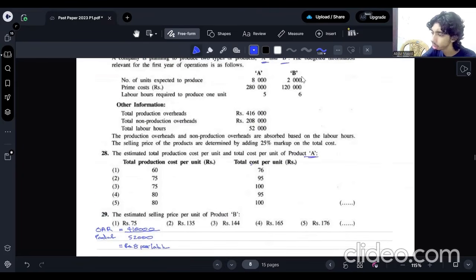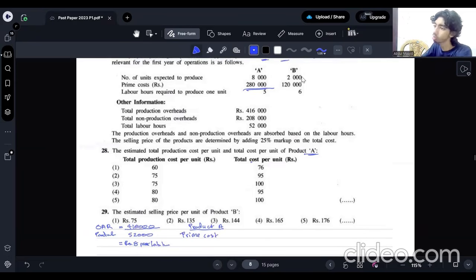So for product A, the total prime cost is 280,000. Now we need to find for one unit, right? Product A prime cost for one unit: 280,000 divided by 8,000 units. Prime cost for one unit is 35. Then overheads.